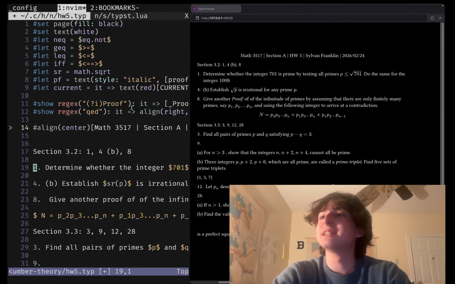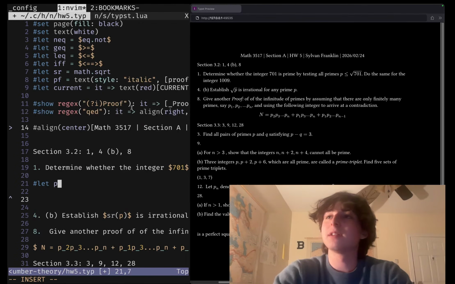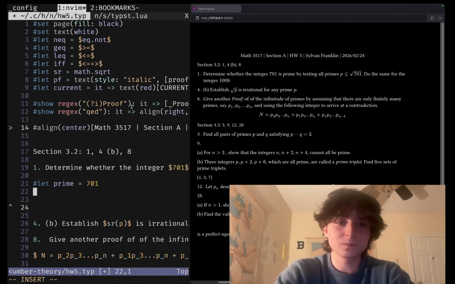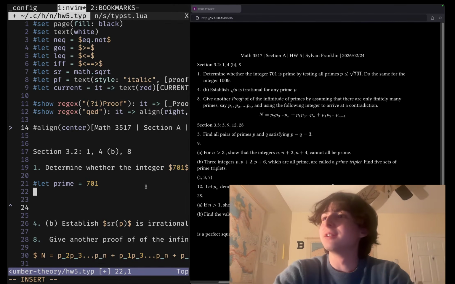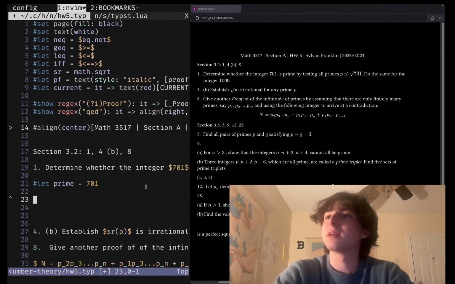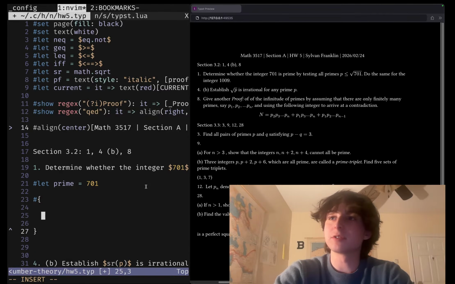Okay. Let prime equal 701. And now we want to output all the prime factors. Let's enter a script block, for i in range 1.